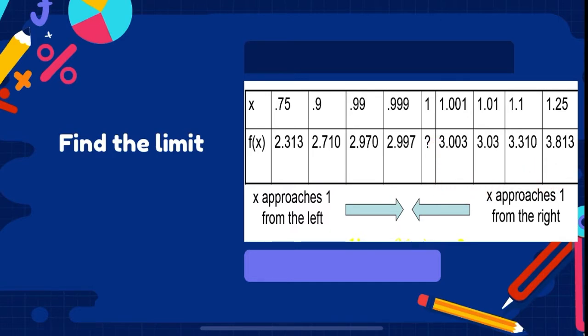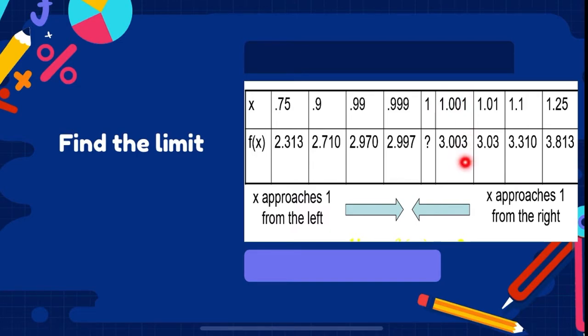So from that we can find the limit of f of x when x approaches 1. How can we find it? When x is 0.999, which is very close to 1 but from the left side, f of x is 2.997. And when x is 1.001, which is very close to 1 again but from the right side, f of x is 3.003.